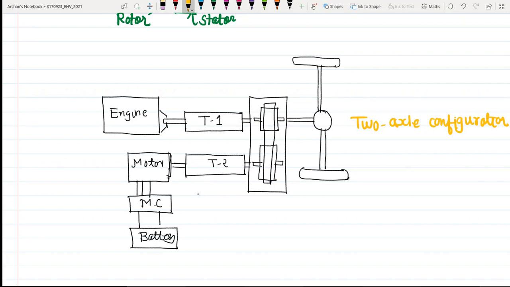Okay, so here what we have done, we have used two transmissions. You can see one is placed between the engine and the torque coupling, T1, and another one is placed between the motor and the torque coupling, that is T2, right? So these both transmissions may have single gear or multi gear, we don't know exactly, right?